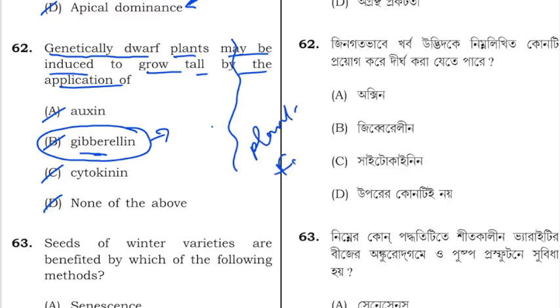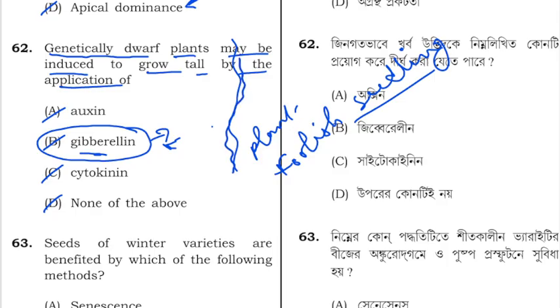That is also called foolish seedling disease, that led to the discovery of gibberellin. So gibberellin basically helps in the growth of the plant. So the small dwarf plant will grow very tall if gibberellin is provided. So option B is correct.